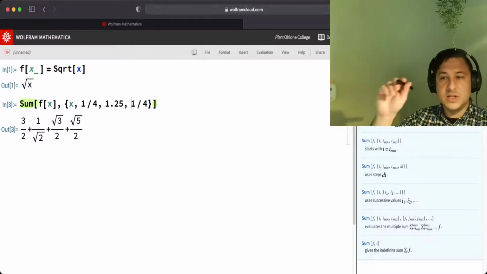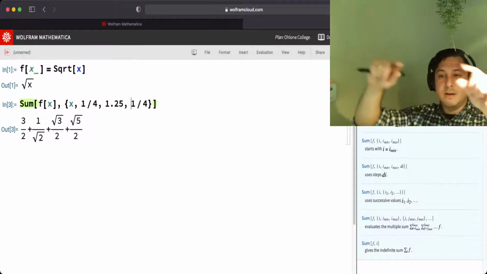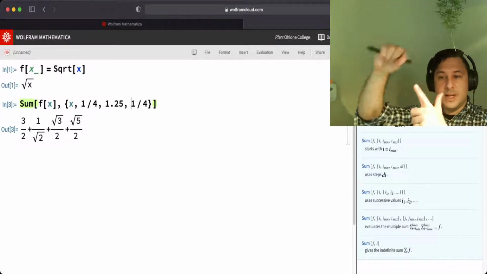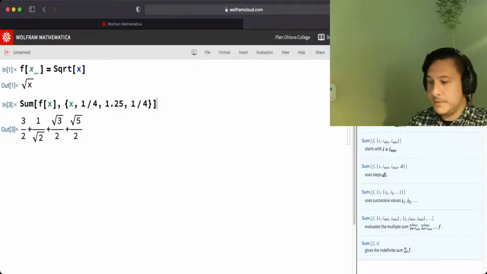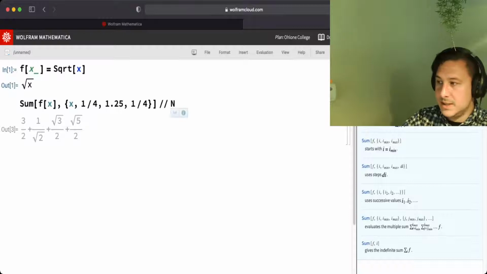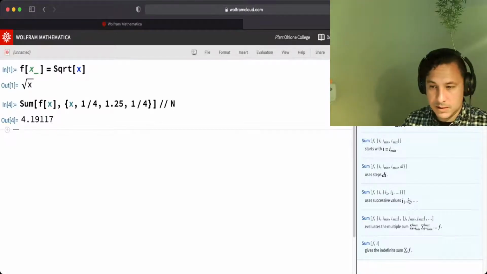Does that make sense? Remember how delta x is 1/4, and I'm plugging in the right endpoints? You can see there's the things that it's plugged in into my square root function. So let's turn that into a decimal. If you plug in those 1, 2, 3, 4 points, you get 4.19 approximately.